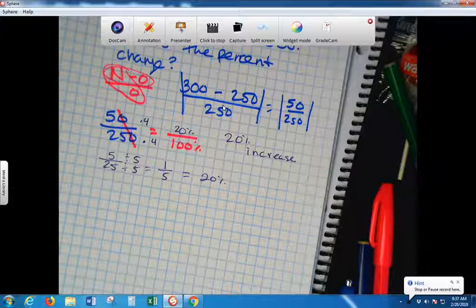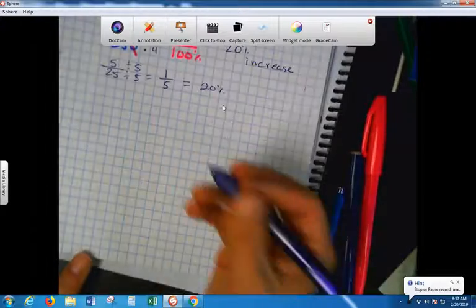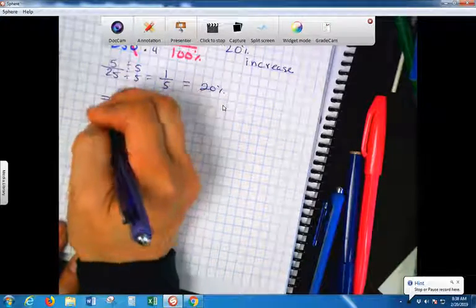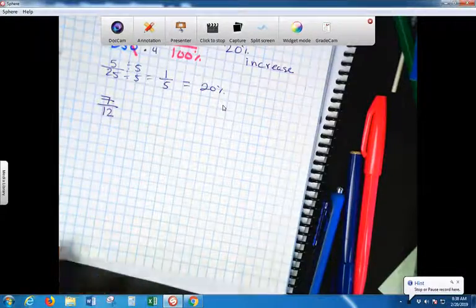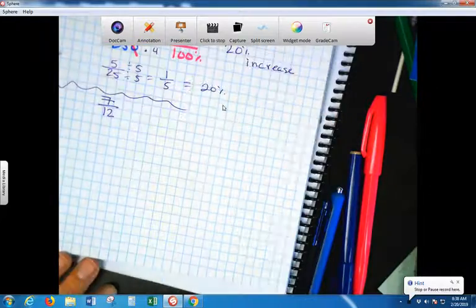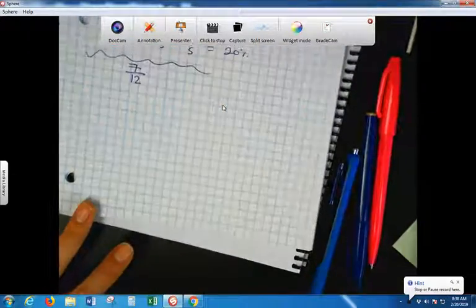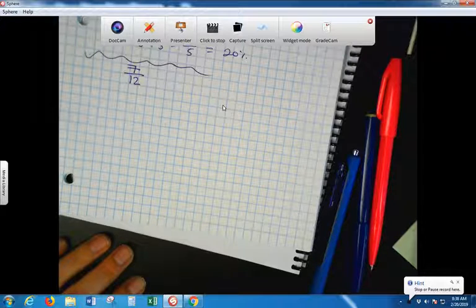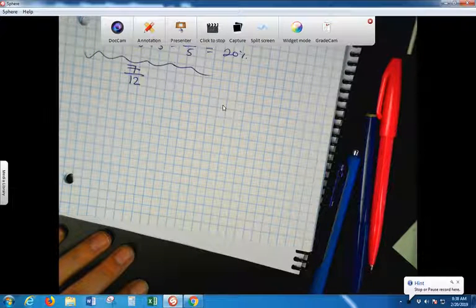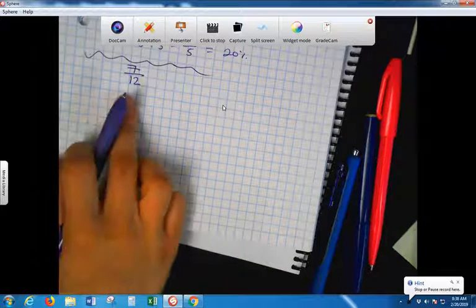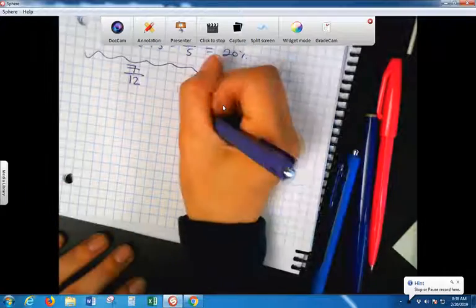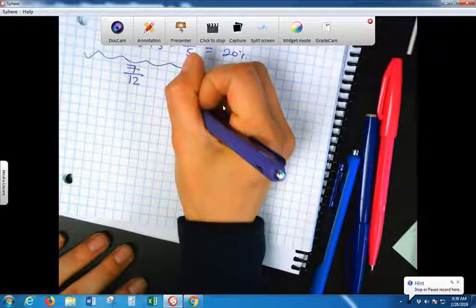When you get a really funky fraction, let's say you do all the math and you end up with 7 over 12, how would you get the percent? This one you would have to divide, right? There's no shortcut. This one you would go, okay, 7 goes inside, 12 goes outside, decimal.